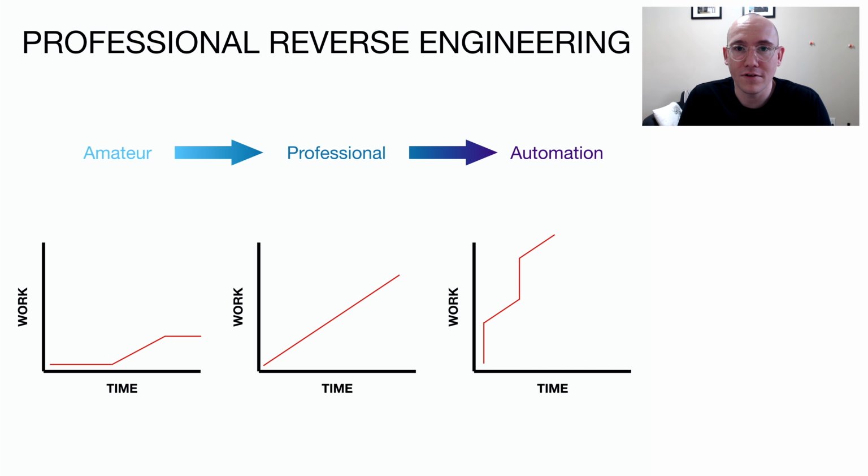As I matured a little, I realized that reverse engineering is really similar to software development in that it's a function of time: the amount of time you put into something versus the amount of work you get out of it. As you improve as a reverse engineer, you need to put in less time to get more work out, to achieve your goal faster.